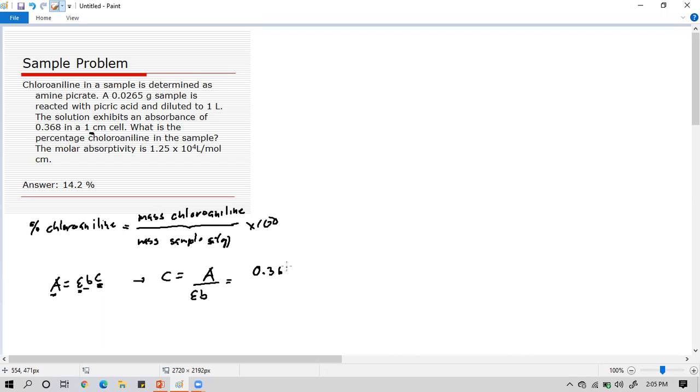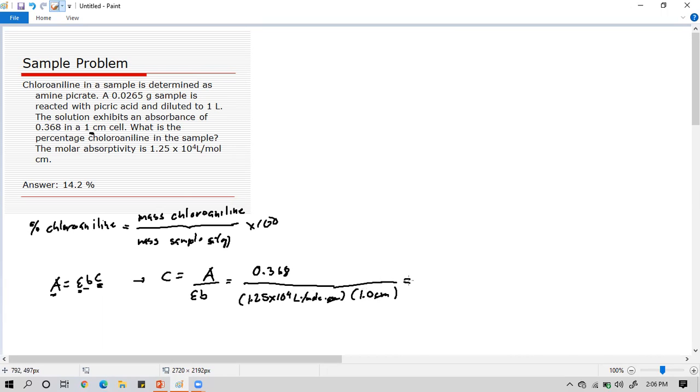Absorbance is 0.368 all over the molar absorptivity na 1.25 times 10 raised to 4 liter per mole centimeter times the cell path length na 1 centimeter. Ayan. So, maka-cancel yan to yield moles per liter.